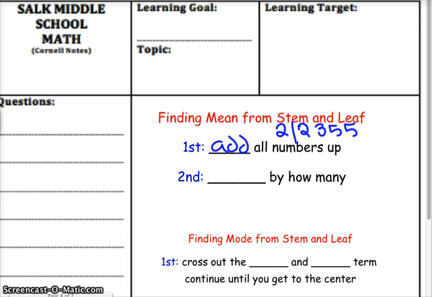If I add all the numbers up, I need to add 22 plus 23 plus 25 plus 25. And then you divide by how many. And when I say how many, you're not going to include the stem part. It's how many leaves there are. You divide by how many leaves there are.